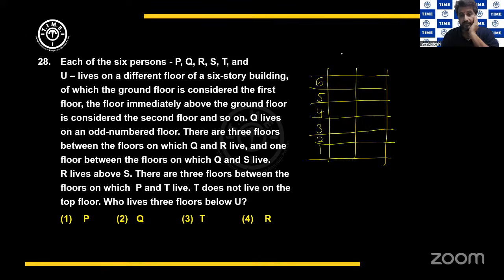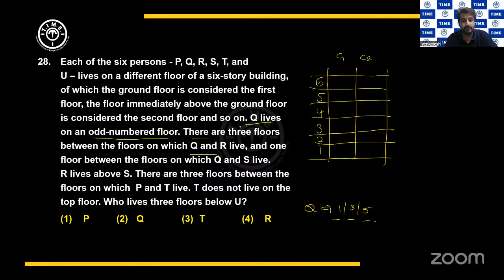I'm taking the 2 cases. It may be more than 2 cases also, but initially I will take the 2 cases. What is given? Q lives on an odd number floor. So Q lives on an odd number floor implies that it could be 1 or 3 or 5. There are 3 floors between Q and R. Between Q and R, 3 floors. So we thought of 1, 3, 5.